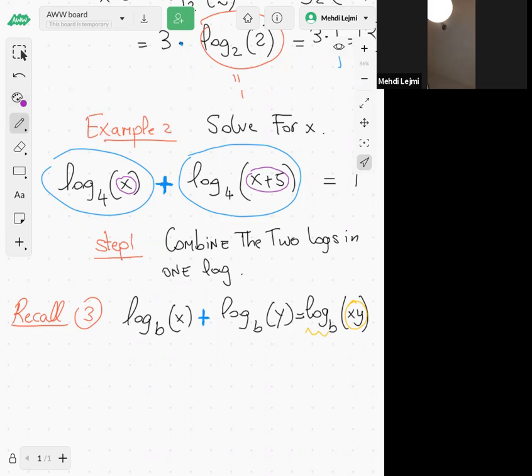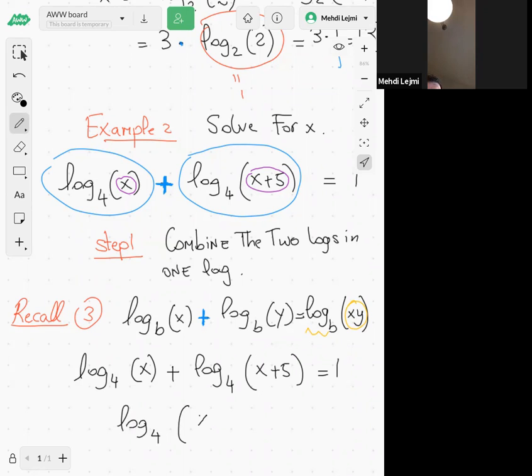Okay, so we start with this, log in base 4 of x plus log in base 4 of x plus 5 equal to 1. This is my equation, right? And what I'm saying is that on the left side, this would be log in base 4 of x times x plus 5, equal to 1.